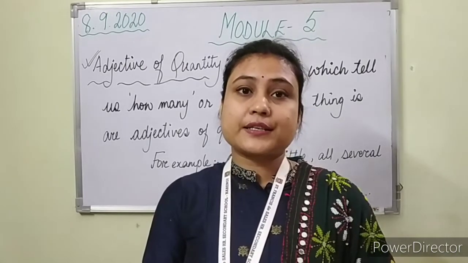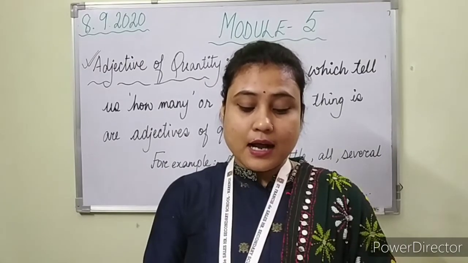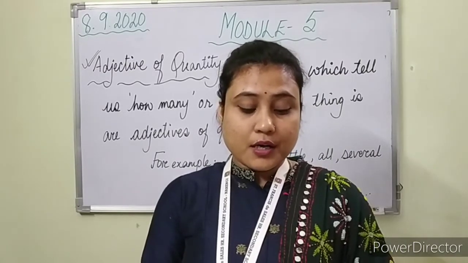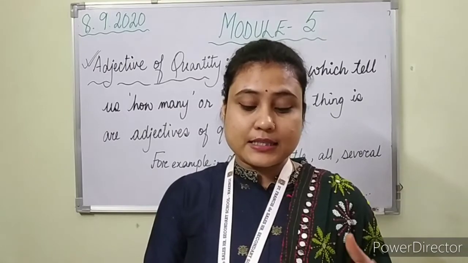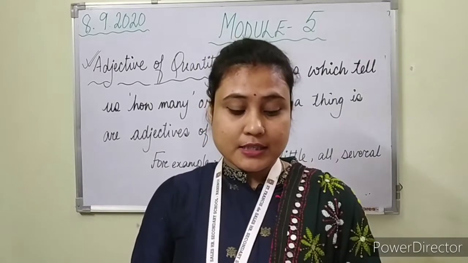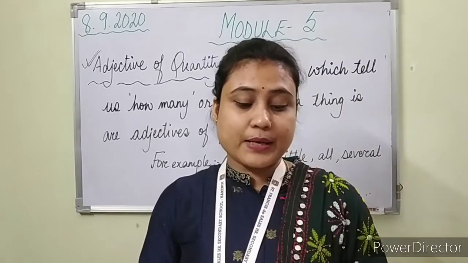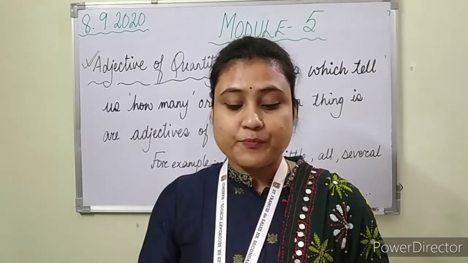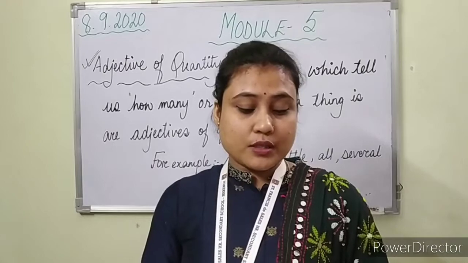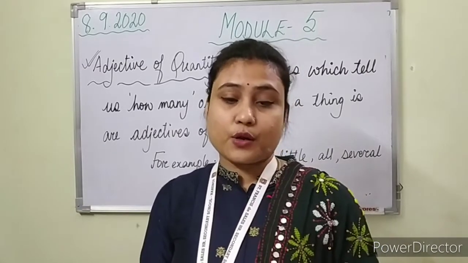They are adjectives of quantity. Adjectives of quantity tell us how many or how much. For example, some, a little, all, several, much, many, a lot, plenty of, few. Got it? Okay, so in here we have one exercise. Fill in the blanks with adjectives of quantity from the given words. This one we will be doing in our next class.